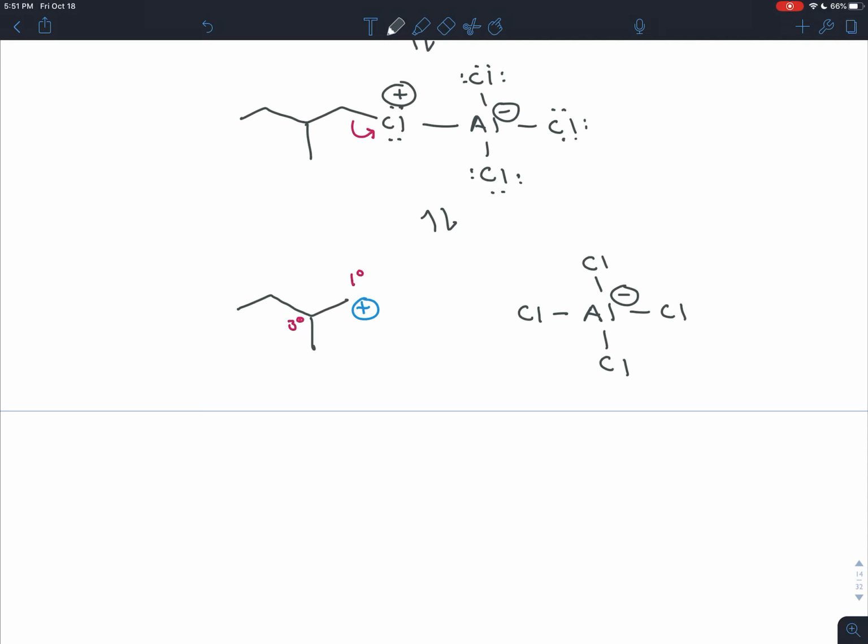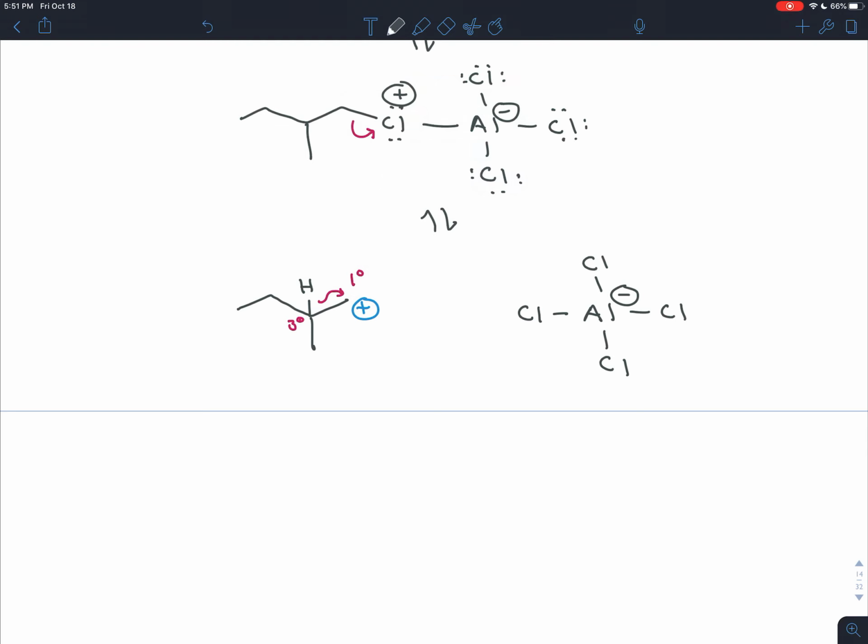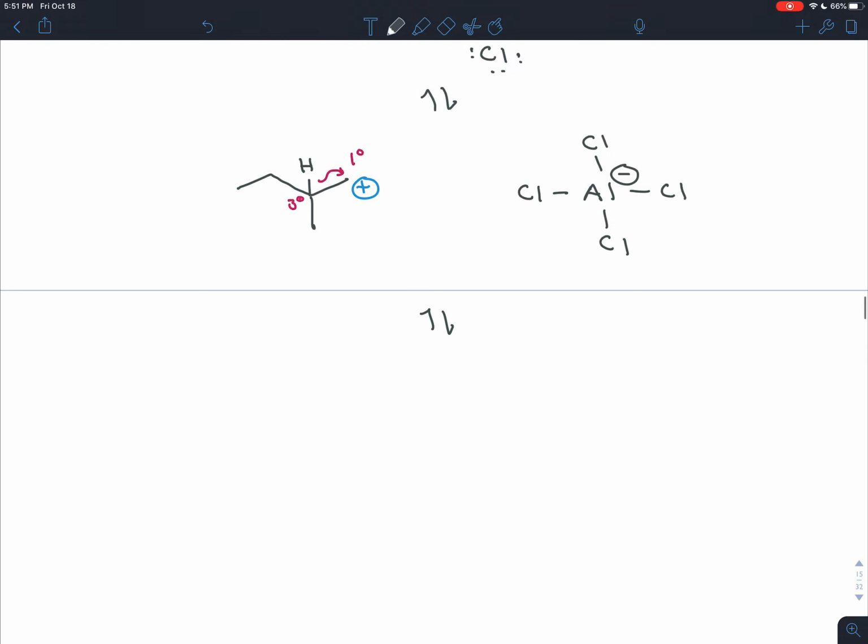One of the hydrogens on this molecule picks up its electrons and takes them over to the carbocation. Notice, curved arrows show the movement of electrons. You would never show a curved arrow moving the positive charge. You have to show electrons moving to where the positive charge is, and that recreates a new positive charge.